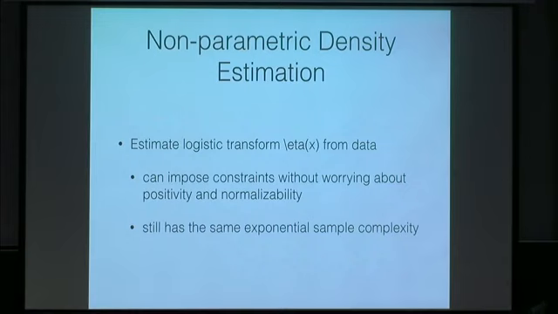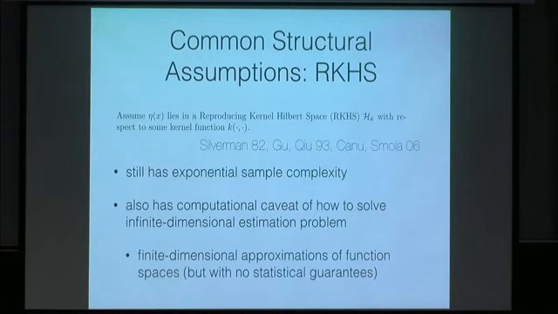Right? So now what I want to think about is what assumptions I can impose on the logistic transform of the density. And so one very natural assumption is to impose some kind of smoothness assumption, and one canonical smoothness assumption is that it lies in some reproducing kernel Hilbert space.